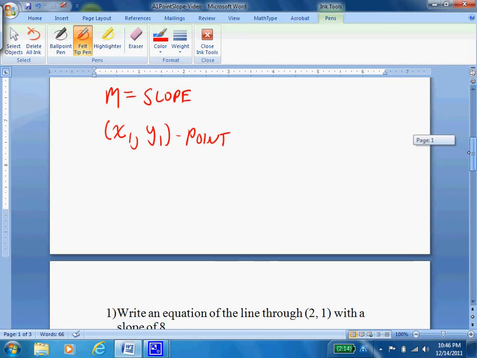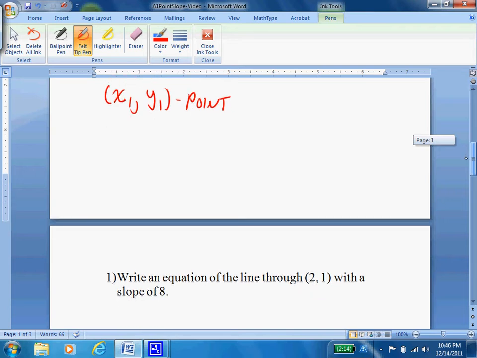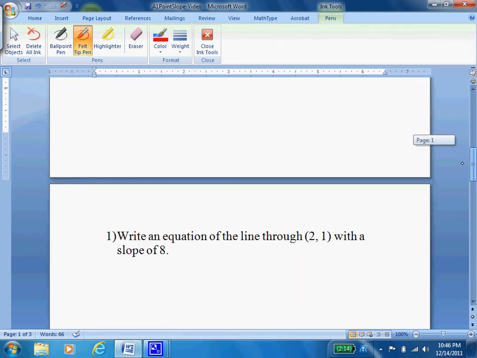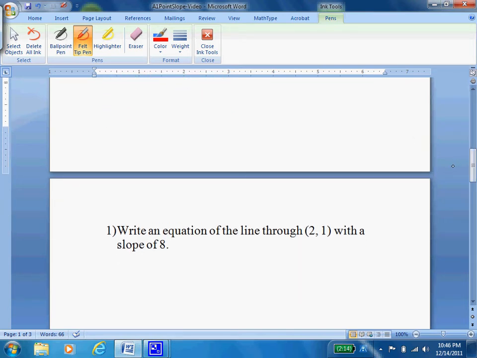We're going to write an equation of the line through the point (2, 1) with the slope of 8. So let's label what we have. We know that our point slope form is y minus y1 equals m times x minus x1.